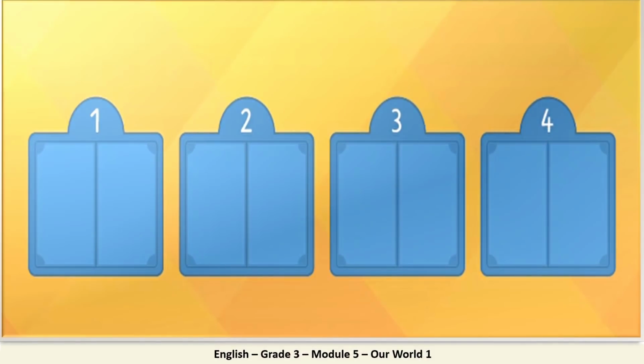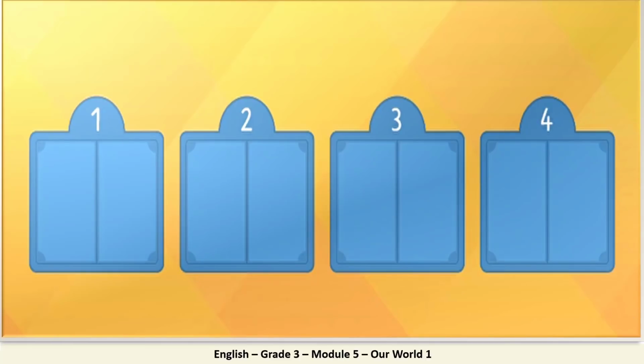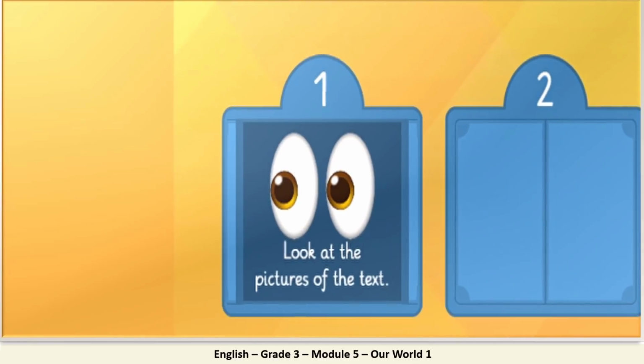And now, before we start reading, let's try to guess what the main idea of the text is. But wait! How can we know the main idea of a text without reading it? Let's see. You have to look at the pictures of the text.